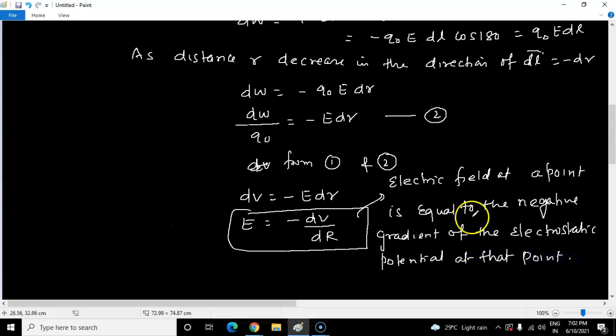Getting here, the negative sign indicates that the direction of the electric field is always in the direction of decreasing electrostatic potential. Any doubt in this?